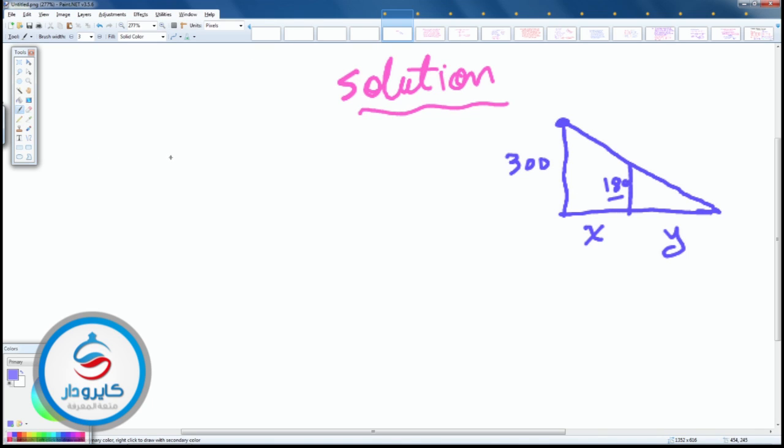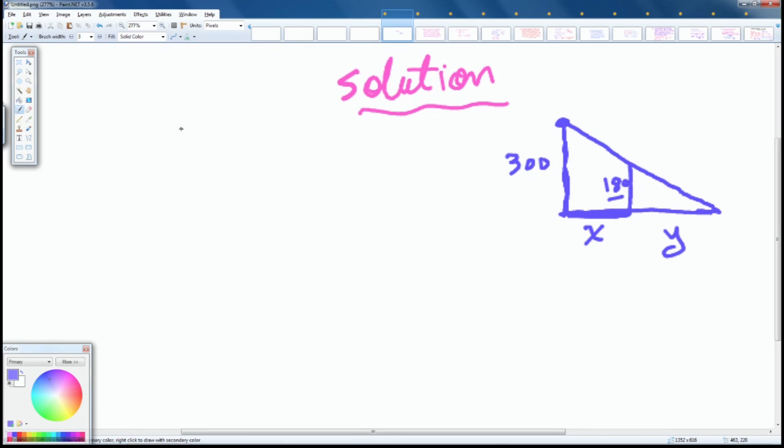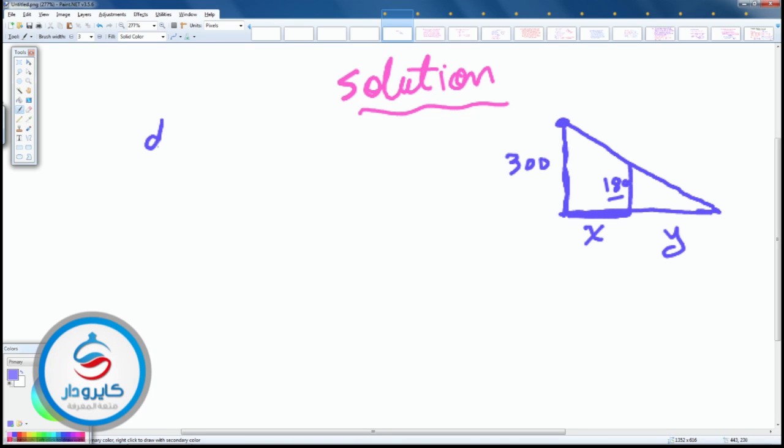He said the velocity of the man means the speed that the man moves from the light pole, that means x. So x is a distance, that means dx over dt will be 6 meters per second.